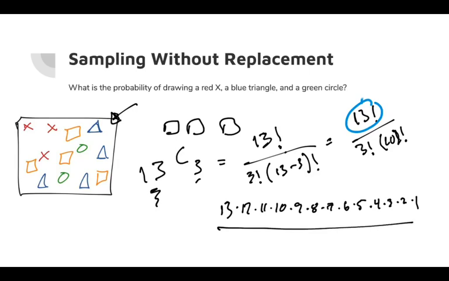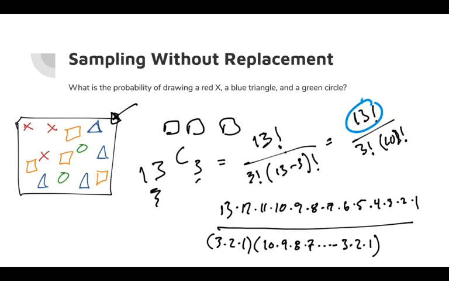And then I'm dividing that by 3 factorial, which is 3 times 2 times 1, times 10 factorial, which is 10 times 9 times 8 times 7 and so on down to 3 times 2 times 1.